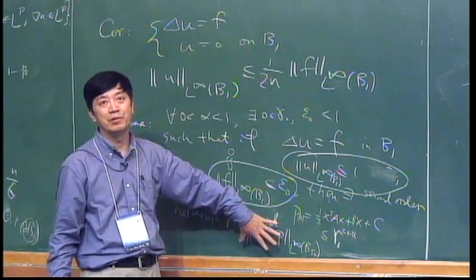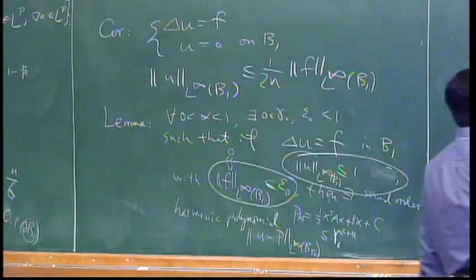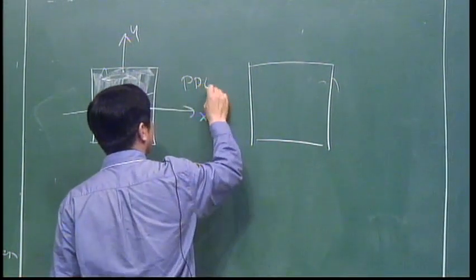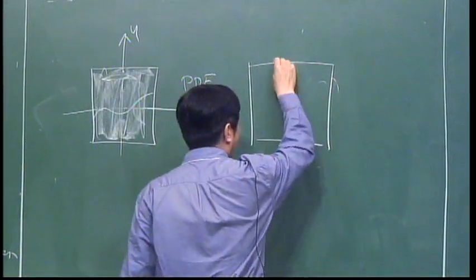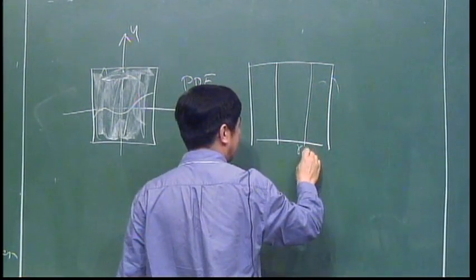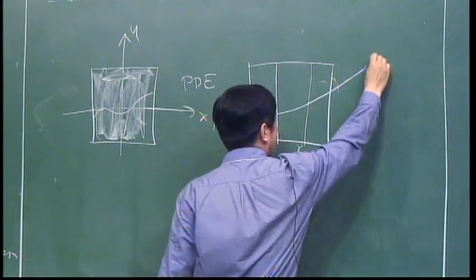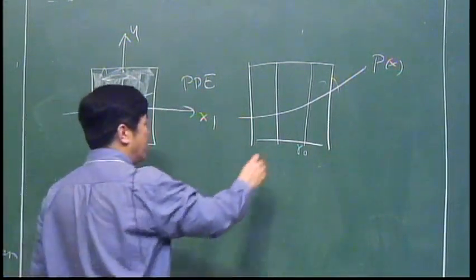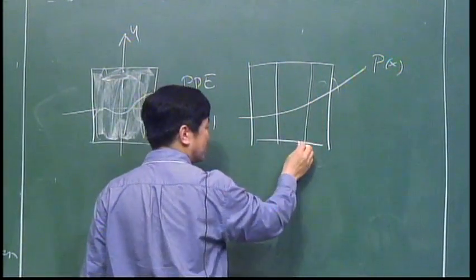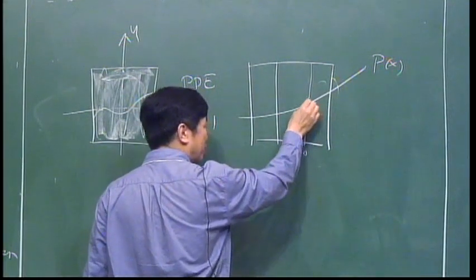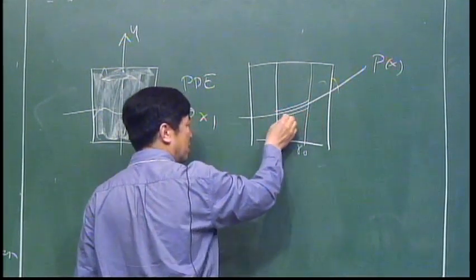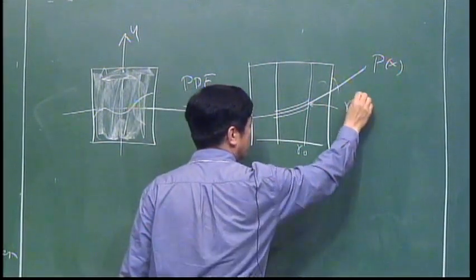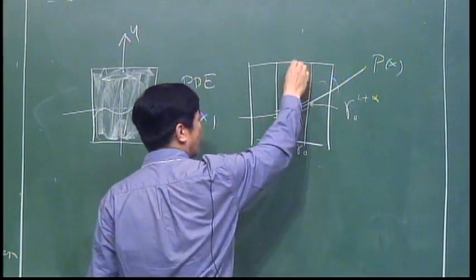What is the result of this picture? I add a PDE. Then I can find the universal scale R0, and a very nice second order polynomial, and the error in this scale R0 is very, very tiny. And the gap here is R0 to the 2 plus alpha.